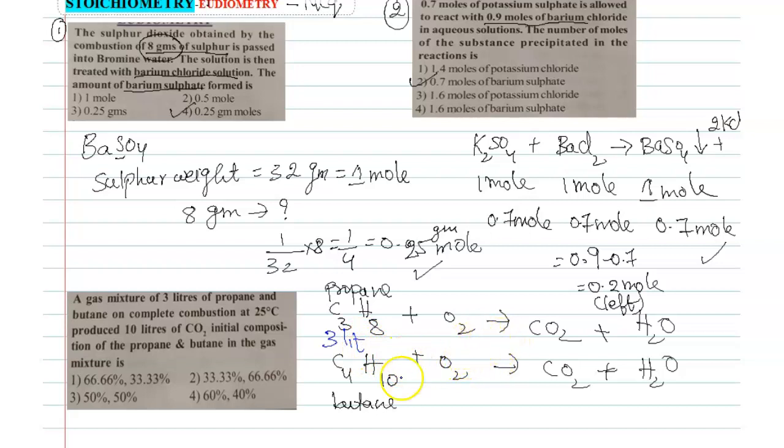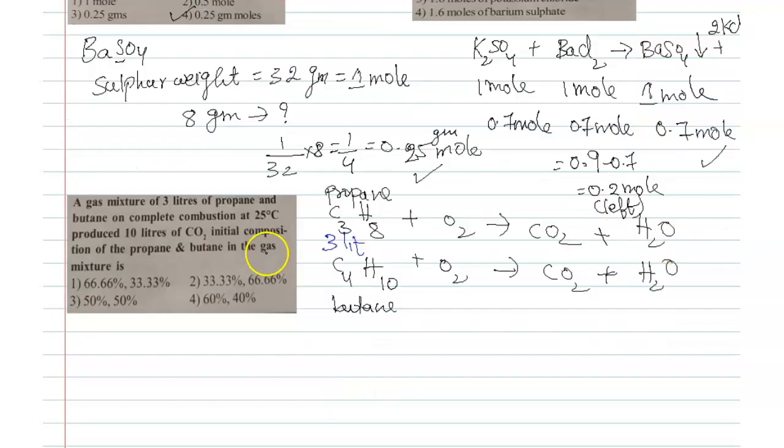Consider 3 liters of propane is taken. They mentioned 3 liters of propane plus butane. So here what we should do is, they mentioned 3 liters of propane plus butane. So they give only mixture volume. This 3 liters is mixture volume. That mixture contains propane and butane.